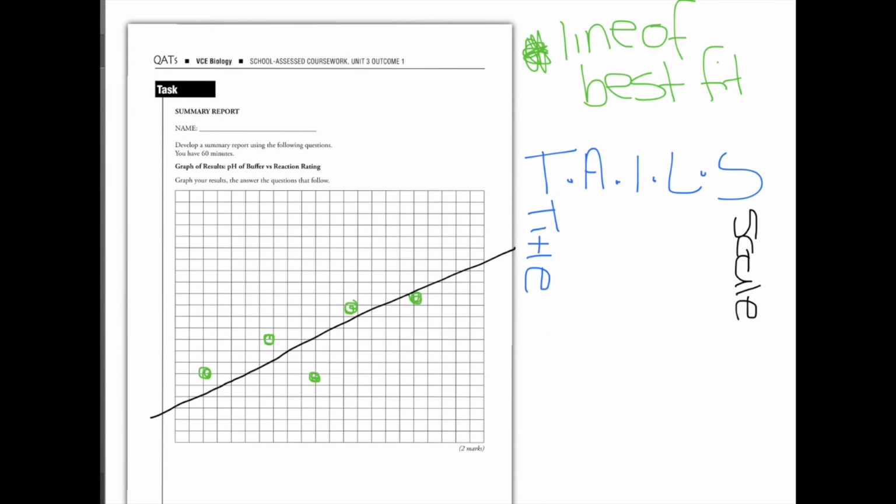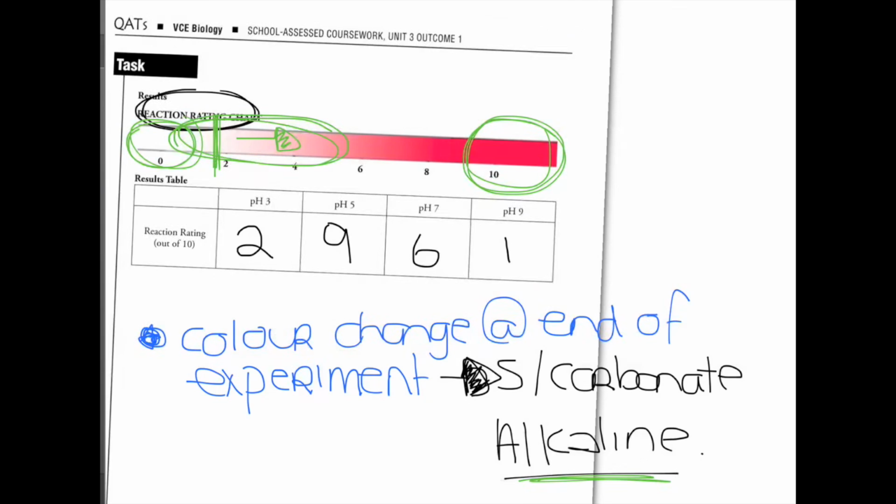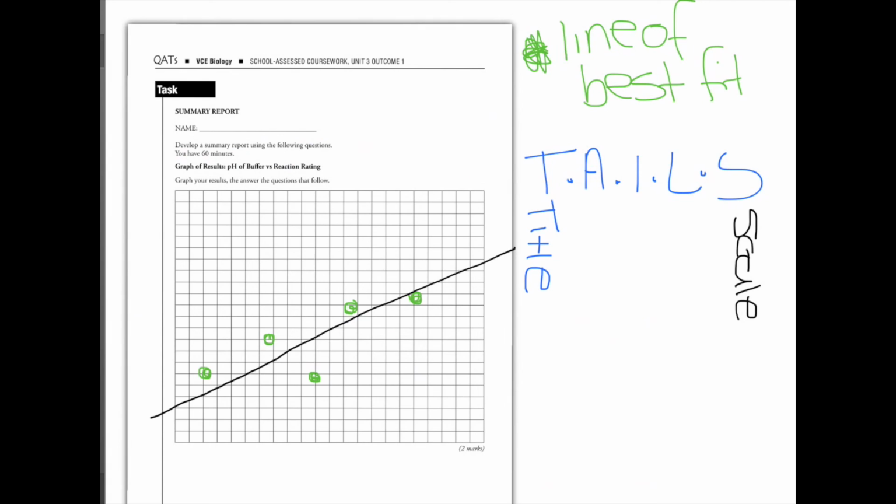You'd have 0 to 10, like we saw in the results here. So you would use this ranking as one of your axes, and then you'll have the pH buffer on the other one. But make sure that you have units. It's really important. So if you don't have units, I'm not going to give them to you.